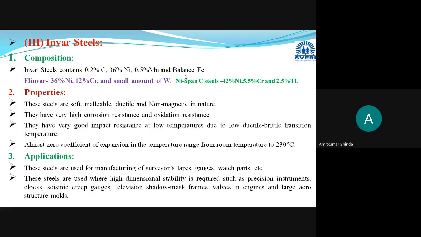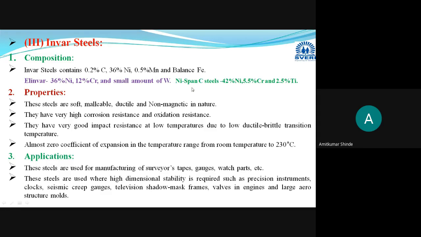In this Invar steel, certain different types of Invar steels are there. For example, I have taken Invar and Ni-Span C steel, that is nickel span carbon steel. Their composition I have written: 36% nickel, 12% chromium, a small amount of tungsten, and the remaining amount will be iron.